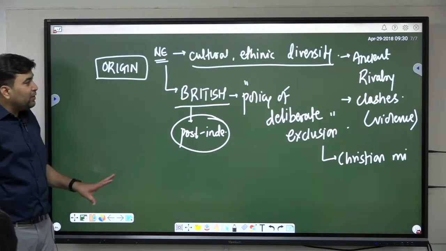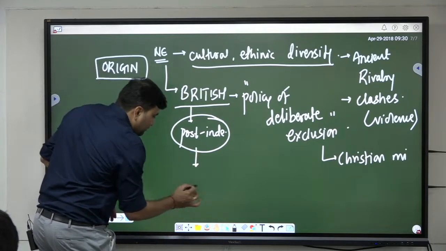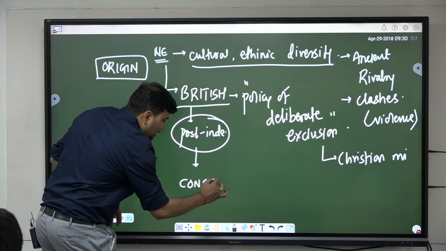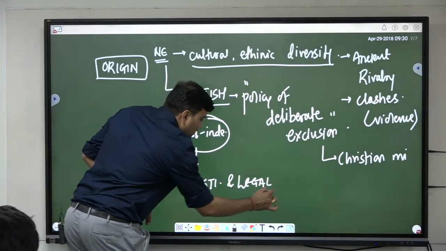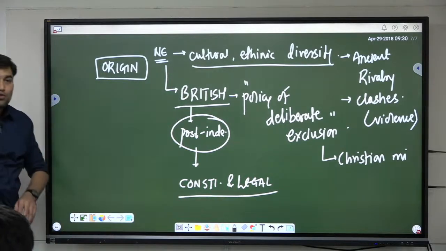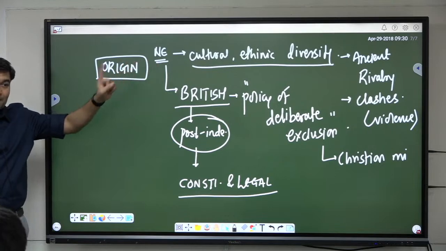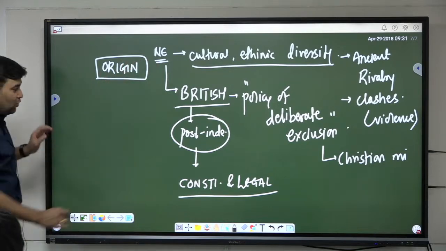However, the Government of India curbed the insurgency and provided multiple constitutional and legal safeguards to the tribes of Northeast India, to basically incorporate their demands into our nation and to stop insurgency. Question is how?